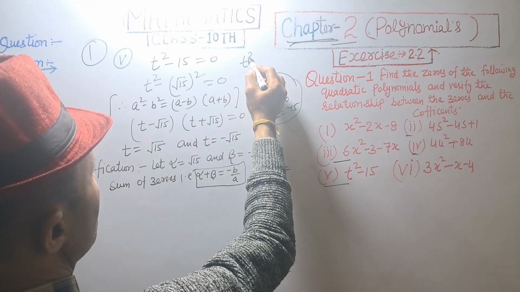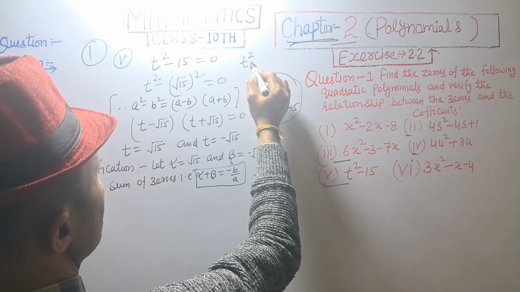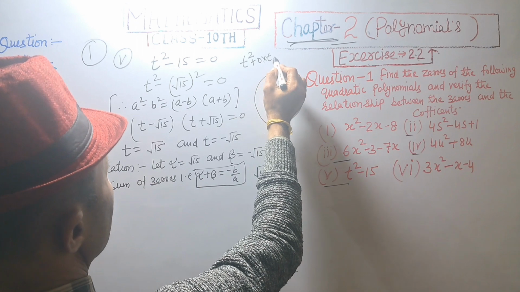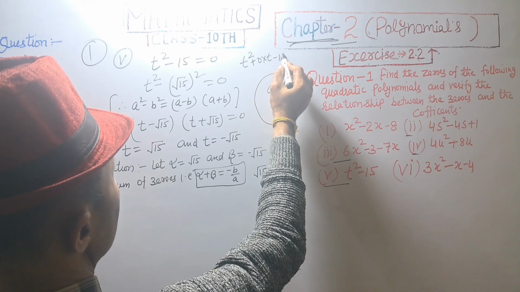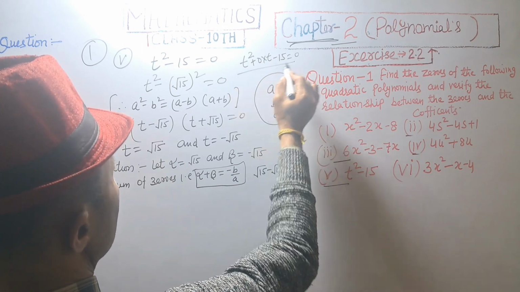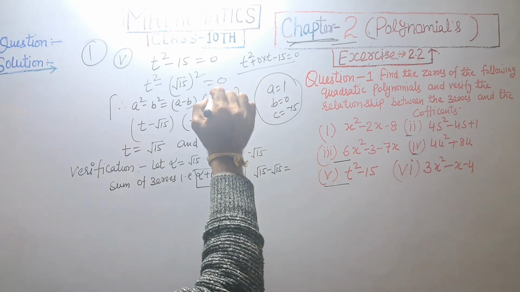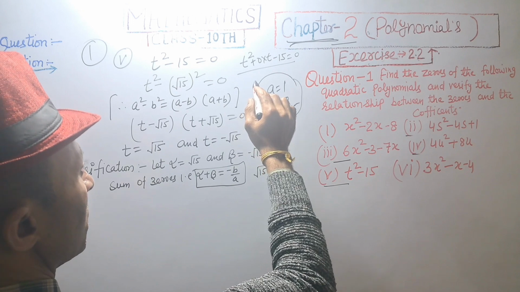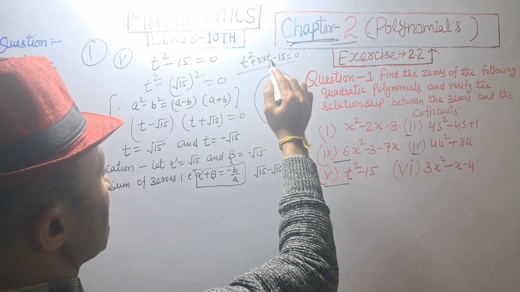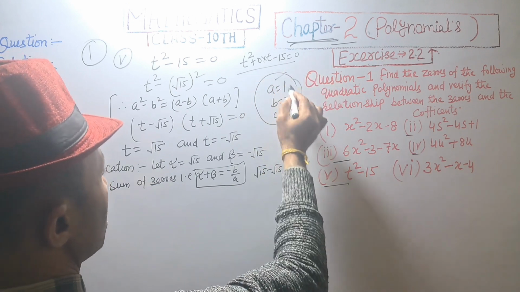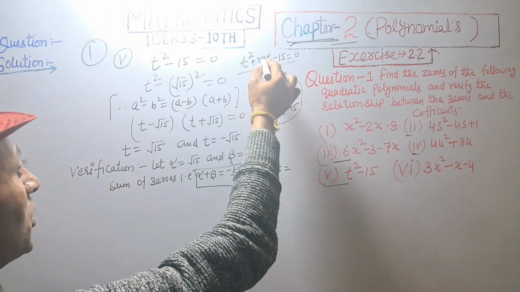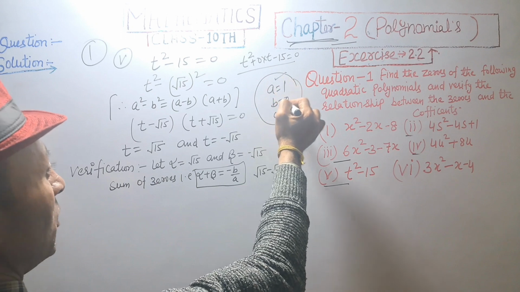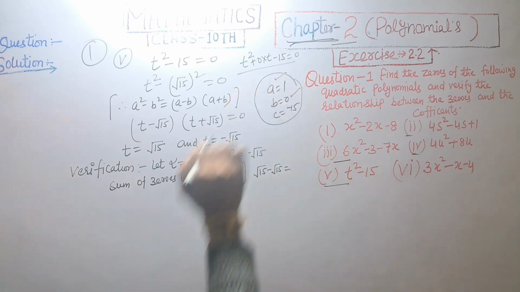This quadratic polynomial can be written as t square plus 0 into t minus 15 equal to 0, and we are comparing this with a t square plus b t plus c equal to 0. a is equal to 1, b is equal to 0 multiplied by t, that is 0, and c equal to minus 15.